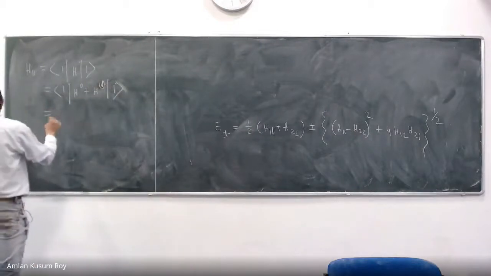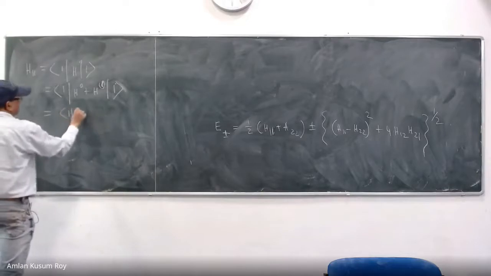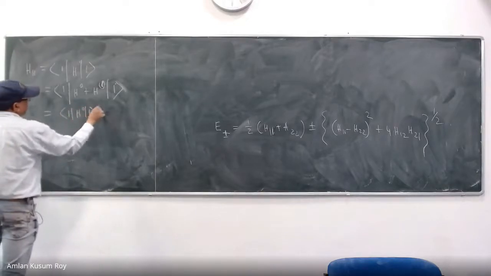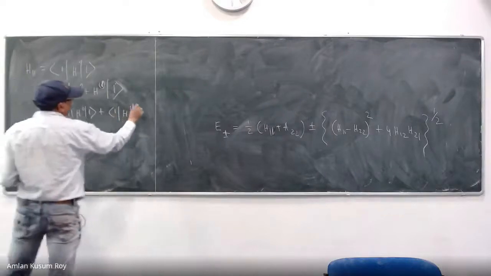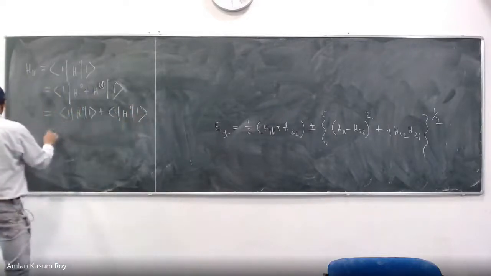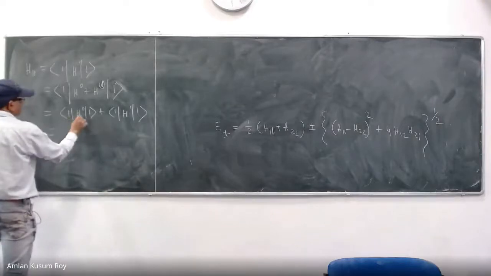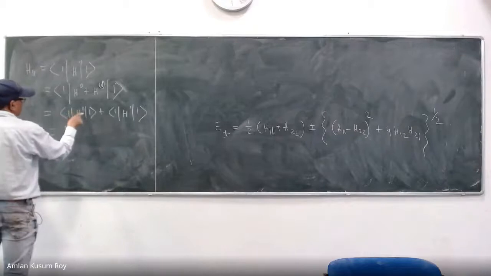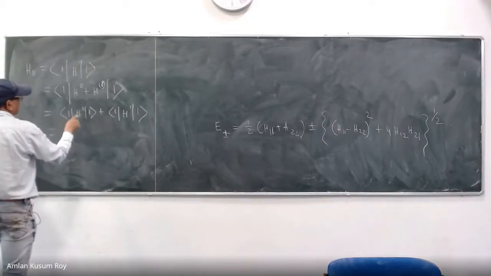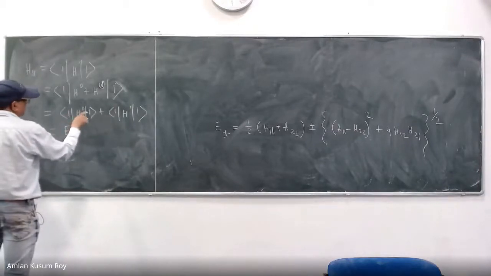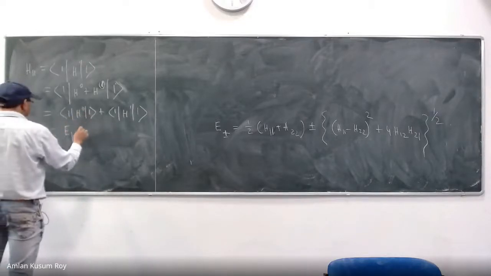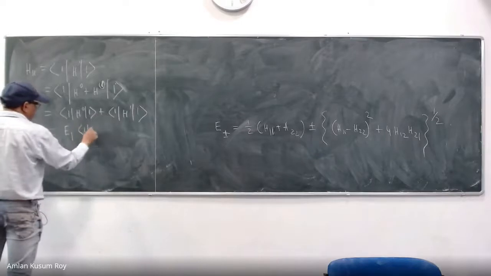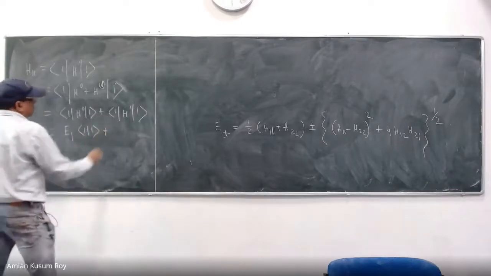So I can write 1 H0 1 plus 1 H prime 1. You should not confuse this. Using the Hermitian property of H0, this is E1 times 1 1, plus 1 H prime 1. Now I have this term.